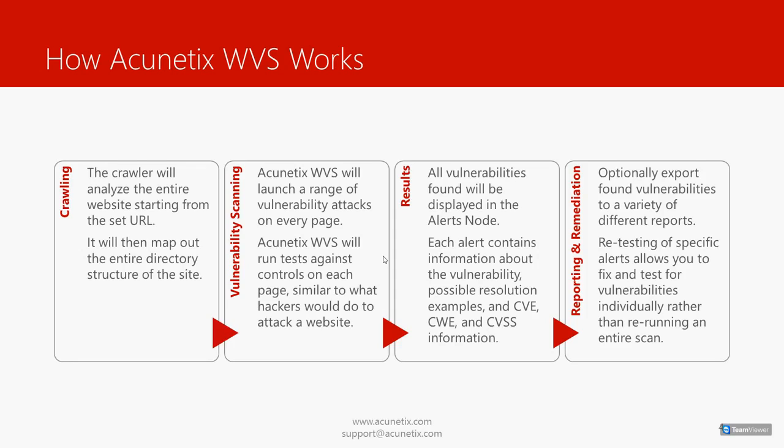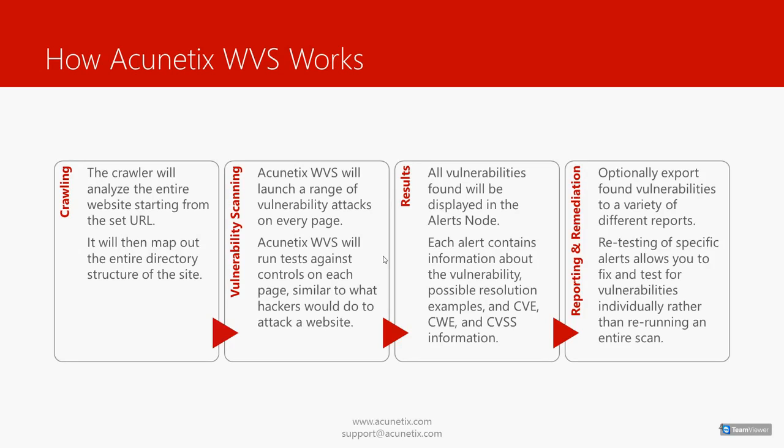As soon as that process has finished, then we can actually start to scan for vulnerabilities. So if you can't crawl the site, if you can't properly analyze the things that you're going to scan, then you can't properly scan the site.